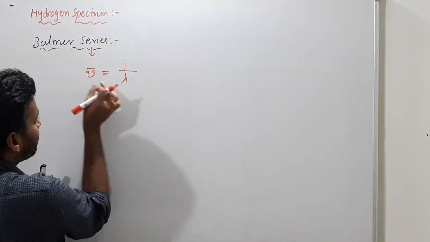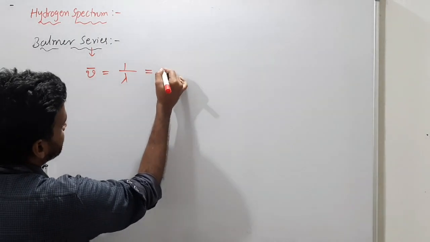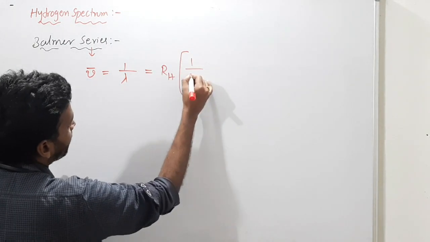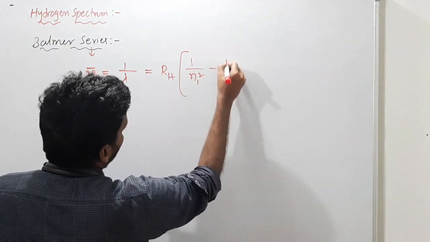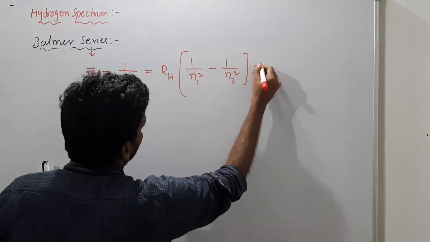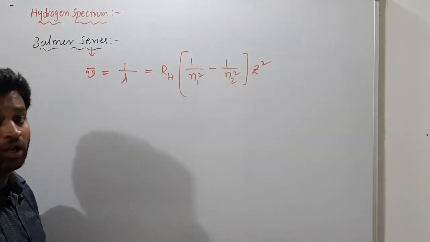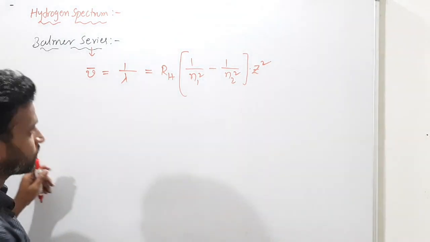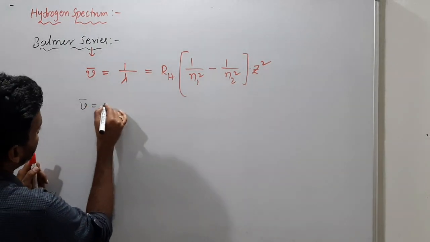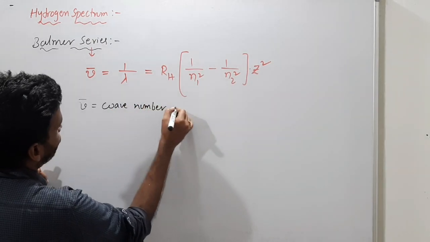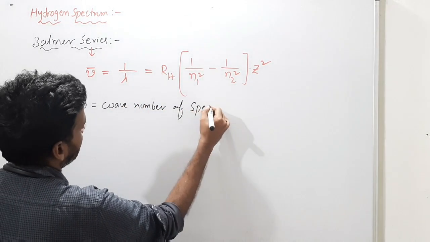Yes, wave number nu bar is equal to 1 by lambda is equal to RH into (1 by N1 square minus 1 by N2 square) into Z square. This formula was given to calculate the wave number of a spectral line. What is nu bar here? Nu bar is the wave number of the spectral line.